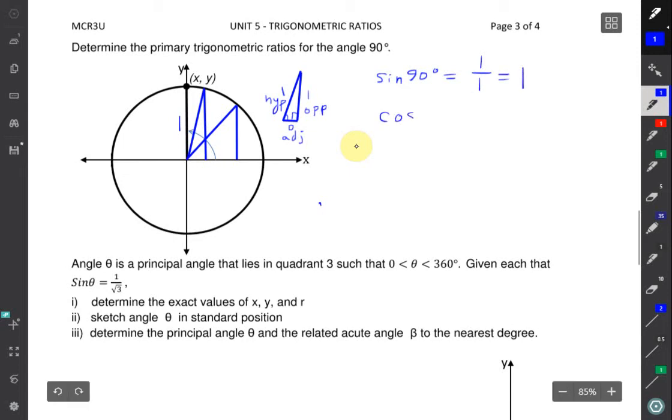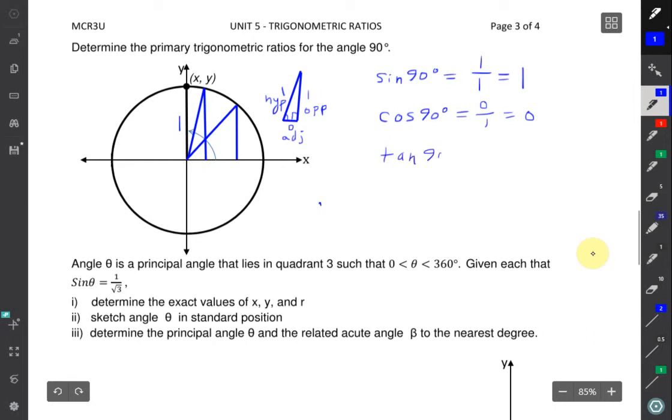The cos of 90 degrees is equal to the adjacent, which is actually 0, over the hypotenuse. So we have 0 over 1 equals 0. The tan of 90 is the opposite over the adjacent, which gives us 1 over 0.